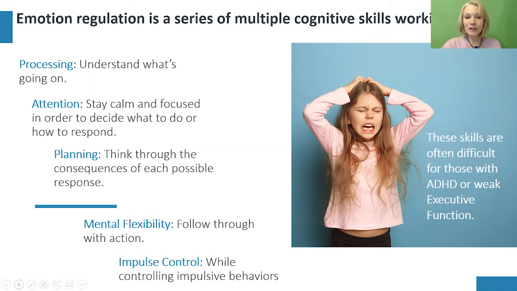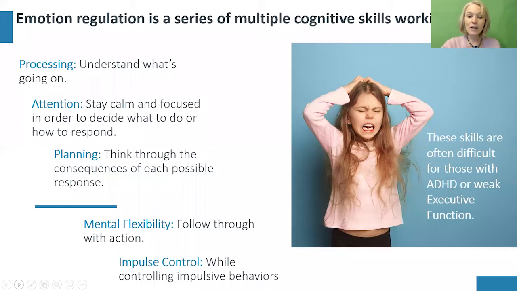So, did you ever really break down emotion regulation and think about all of the critical skills that need to be in place in order for good emotion regulation to take place? Probably not. Many of us probably have really never broken it down in that way, but it's pretty amazing when you sit back and you look at all of the skills that are necessary.